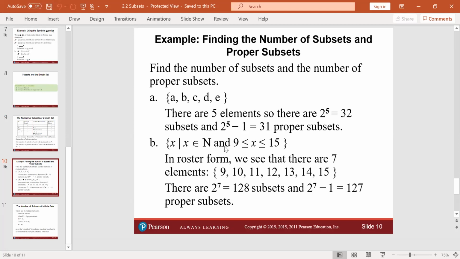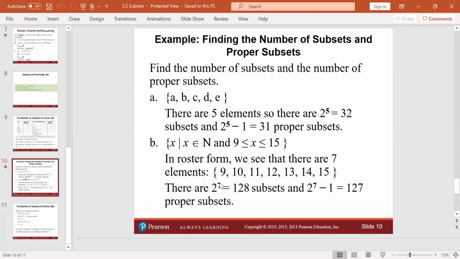If the original set you're starting with is all natural numbers between 9 and 15 inclusive, then just think of how many elements there are. You start with 9, you go 9, 10, 11, 12, 13, 14, 15. And if you just count, you'll see there's 7 elements in that set. So even though it's not told to you exactly how many are in there, you can still count however many elements are in there.